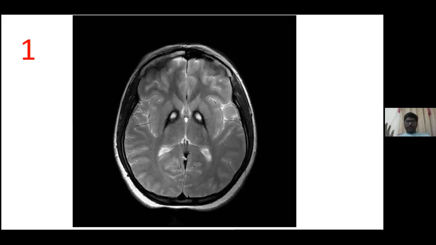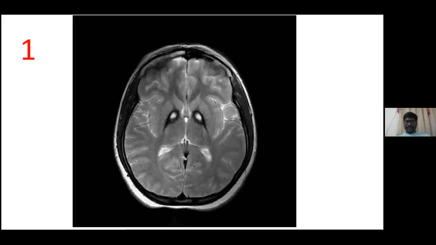With this background, this is the imaging of the brain. This is the axial section of the brain. If you see, the outer gray matter appears white and the inner white matter appears gray. And if you see, the CSF is white, so this is a T2 sequence.